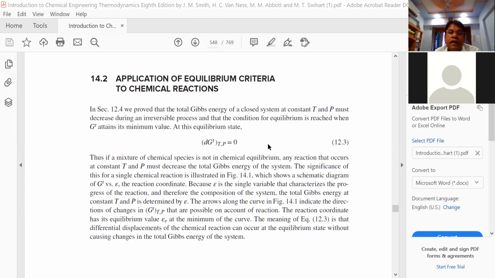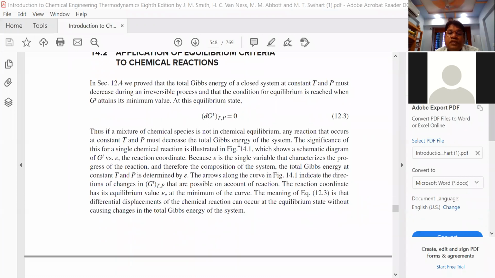You know, at equilibrium, the rate of forward reaction is equal to the rate of reverse reaction. Hence, there is no net reaction. So we can say equilibrium point is the final point. After that, there is no net reaction. So that means differentiation of G is 0. If G is minimum, then dG at constant temperature and pressure is 0.